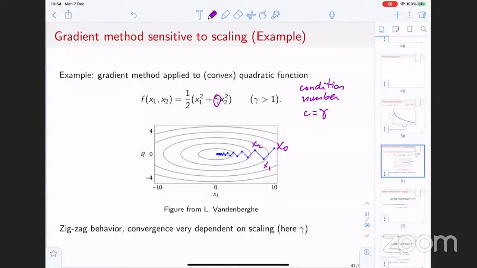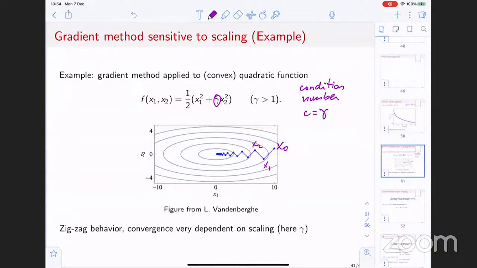If I want to make this point a bit clearer, let's say you have a certain function. By just rescaling some of the variables, instead of x1, you change its scale, you divide it by 10, let's say, and the second variable you multiply by another constant, and so on.